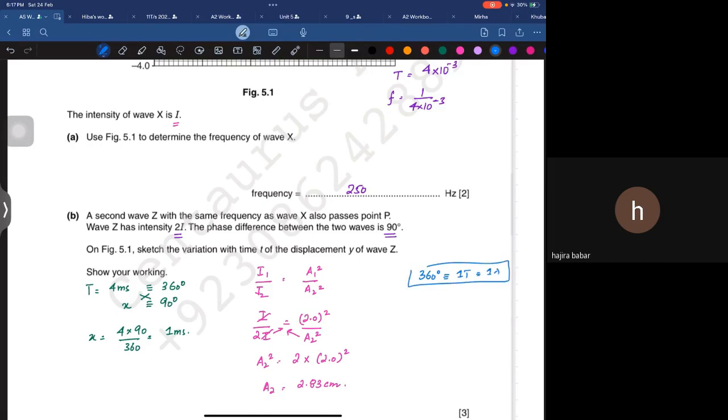Do you understand that? This is the relationship between these. So now please tell me what the time period is here. That's why I'm saying this whole time period is equal to 360 degrees. They're all related like that. Get it? Because there is a phase difference of 90, I'm going to find how much difference there is between the two waves with respect to time. When I cross multiply this, I get a 1 millisecond difference. Understood?